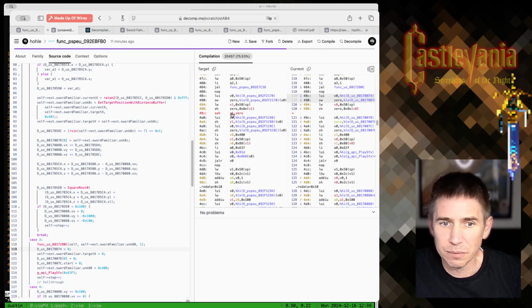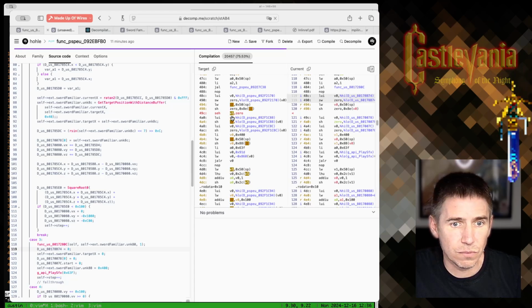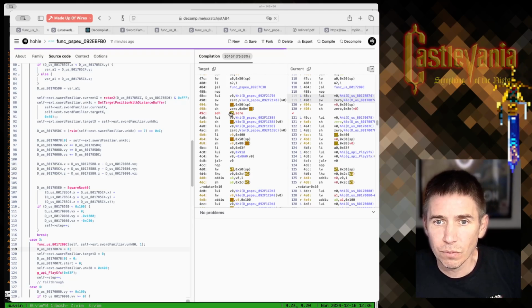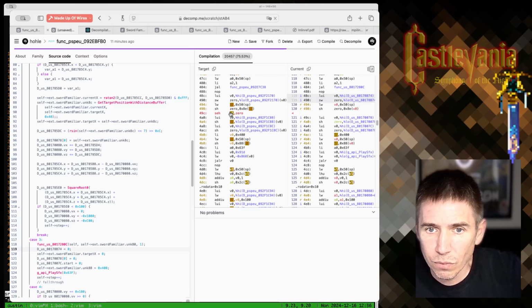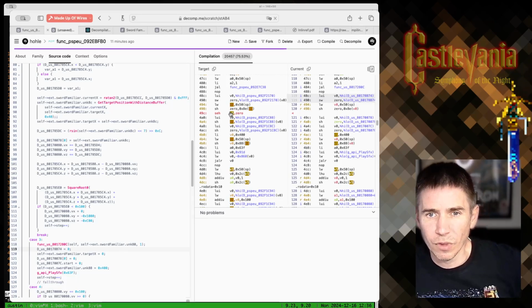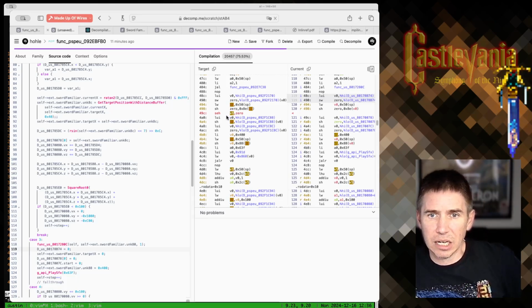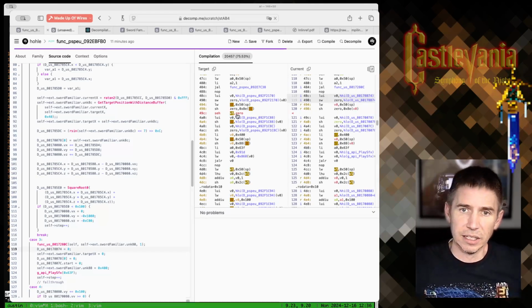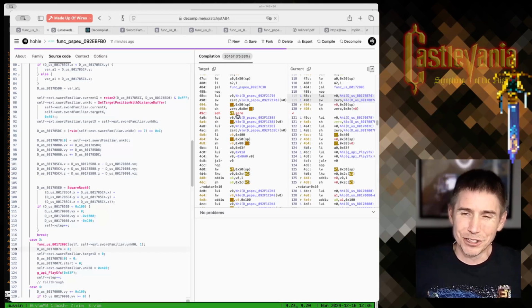There is this sign extend of the 0. That's a little strange. So this is taking the 0 register, which is register number 0.